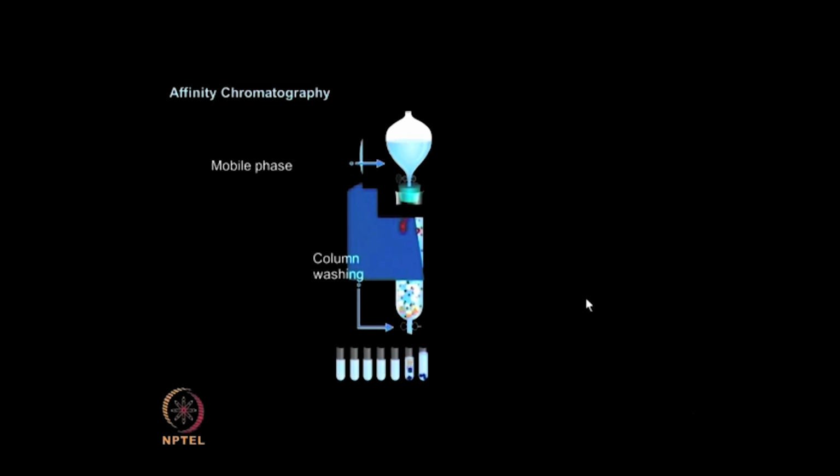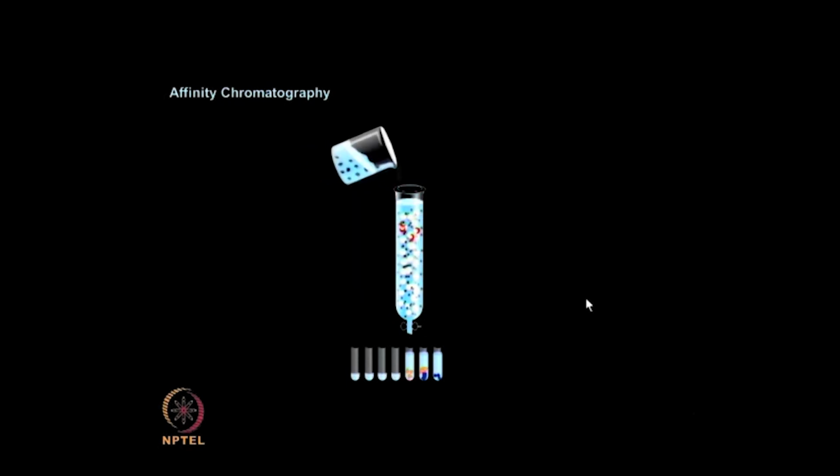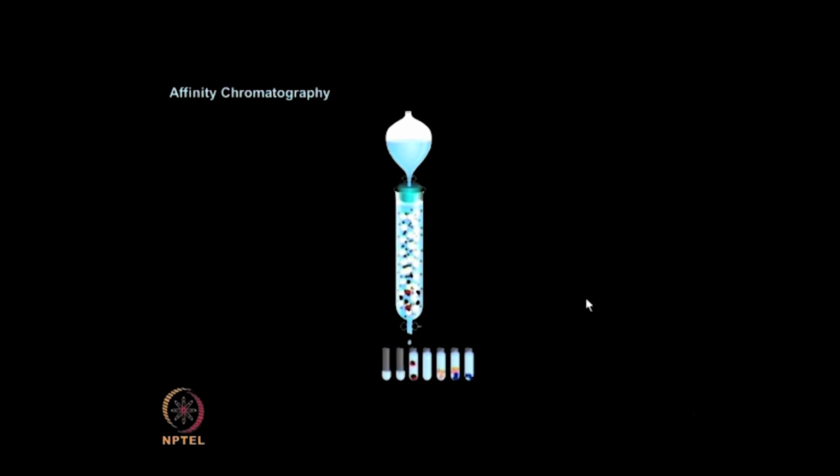The fractions collected during sample washing can be analyzed, assessed and discarded if they are not required. After the column has been washed thoroughly, the protein of interest is eluted by passing a ligand solution which binds to the matrix-bound protein and removes it from the column.